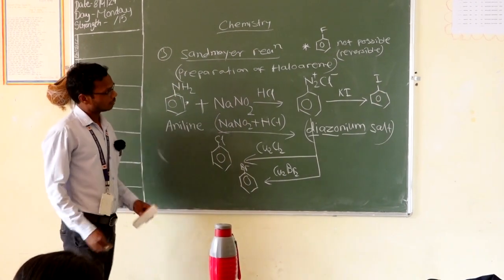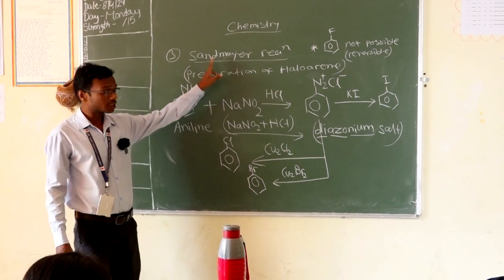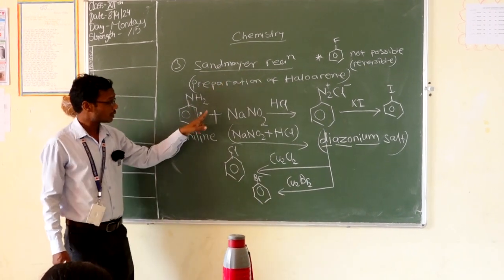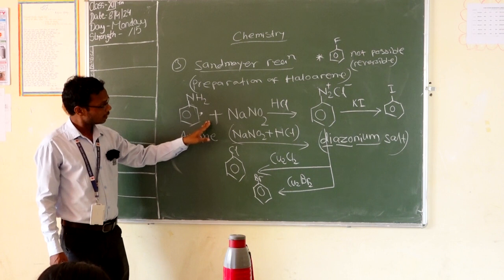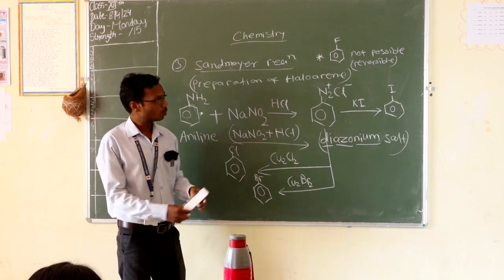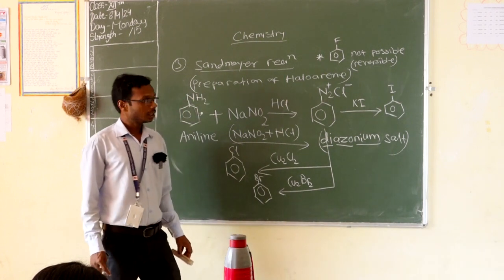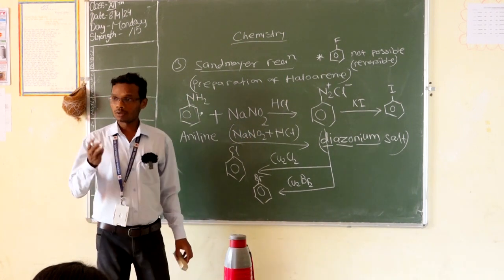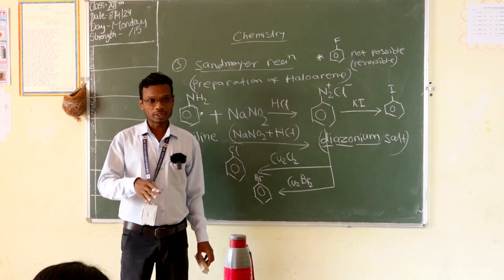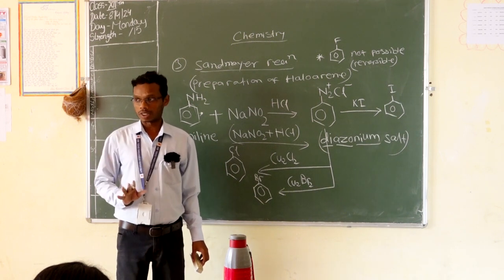Now revise the whole reaction again. This Sandmeyer reaction is important. First, we take aniline. Aniline reacts with NaNO2 and HCl to give benzene diazonium chloride, N2Cl. Then the haloarene may be fluorobenzene, chlorobenzene, bromobenzene or iodobenzene.